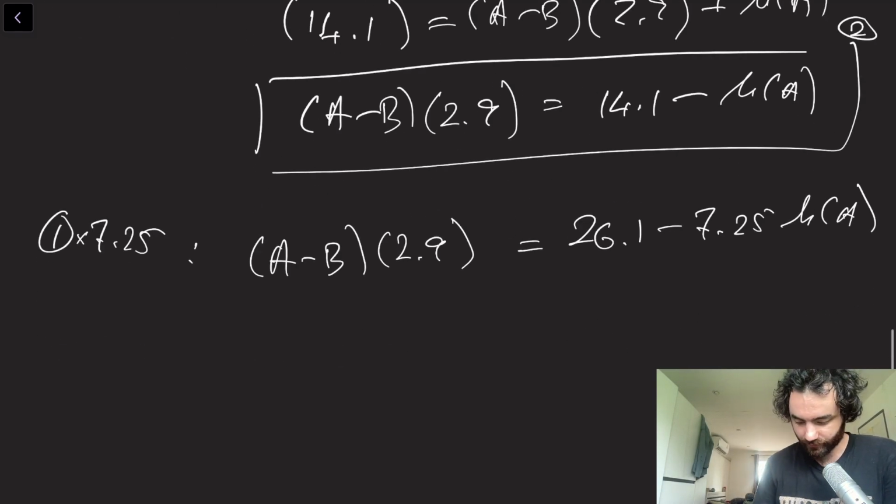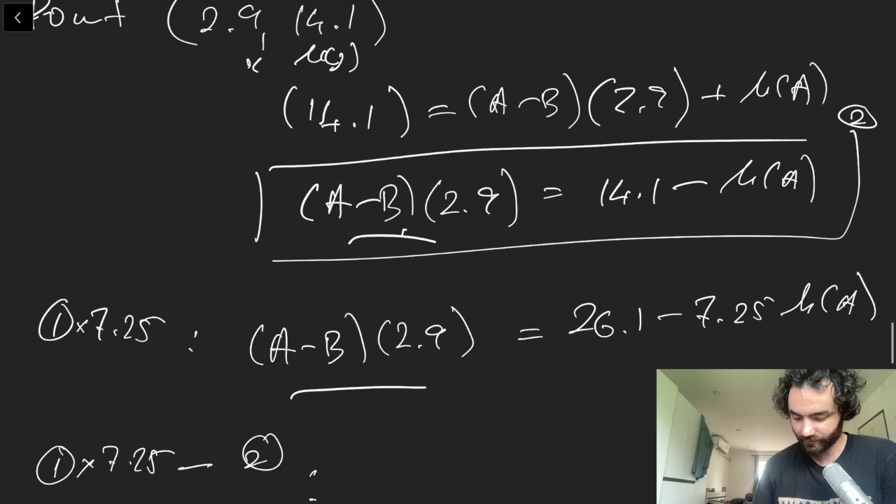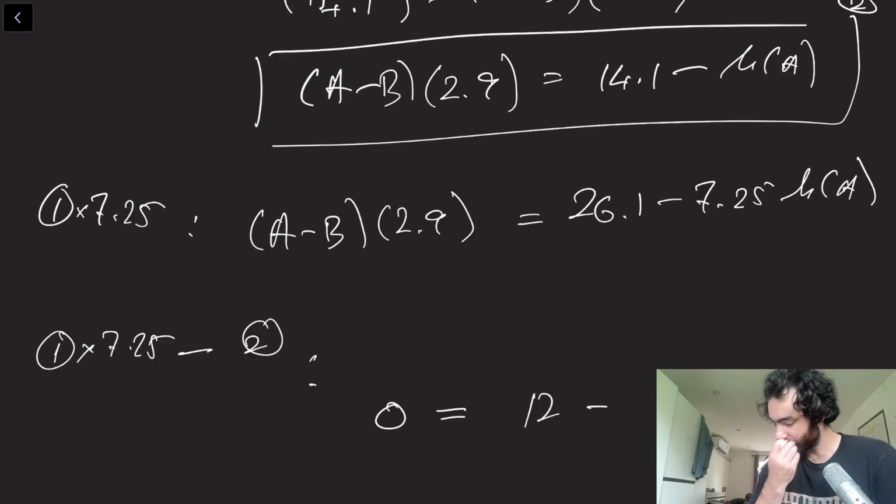Now you do equation 1 times 7.25 minus equation 2. You do that because this is going to get cancelled with this. So that minus that is just 0, equals 26.1 minus 14.1, which gives you 12, minus 7.25 minus 1 for the ln of a, which will be minus 7.25 plus 1, which would be minus 6.25 ln of a.